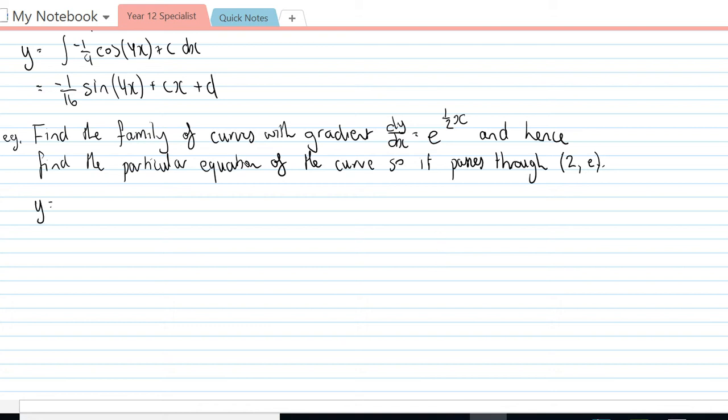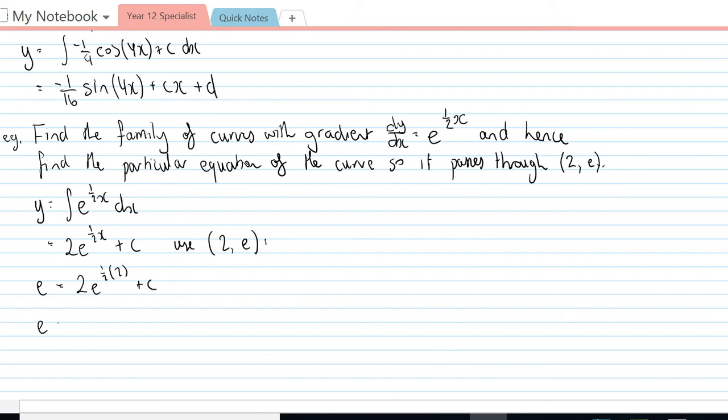So y equals the antiderivative of e to the half x dx, which just becomes 2e to the half x, and then plus c. And if I use the coordinates that I have there, then I'm going to get e equals 2e to the half times 2 plus c.